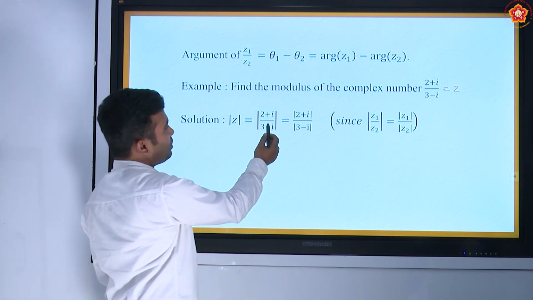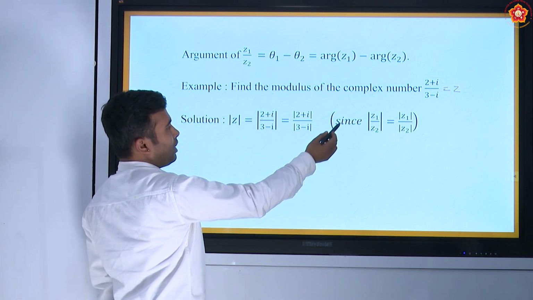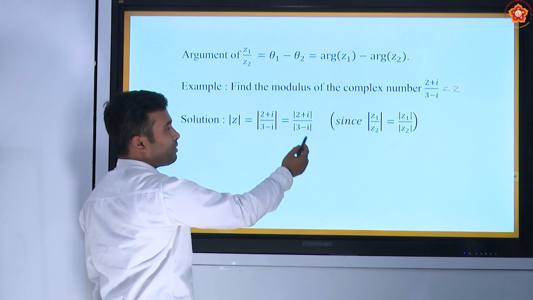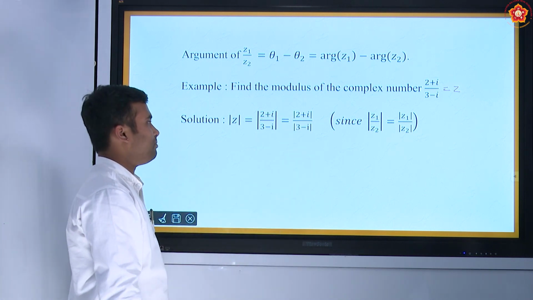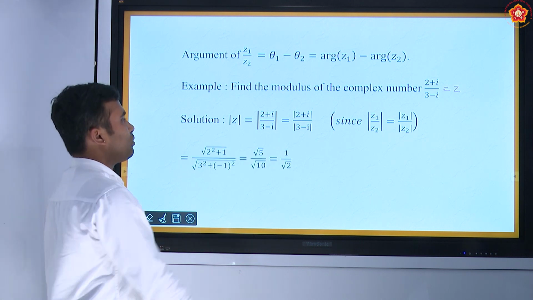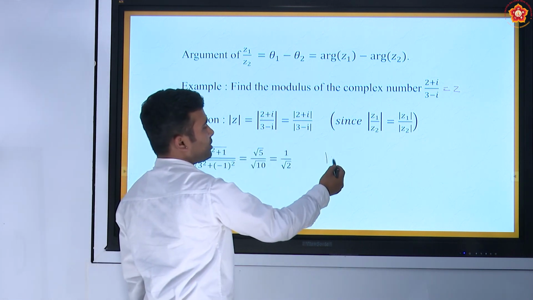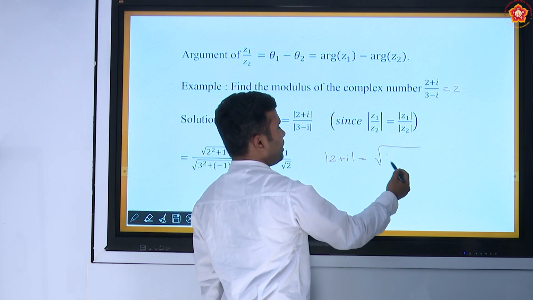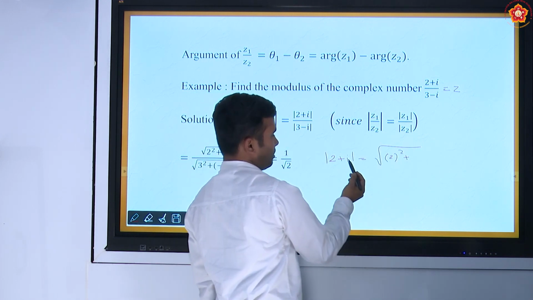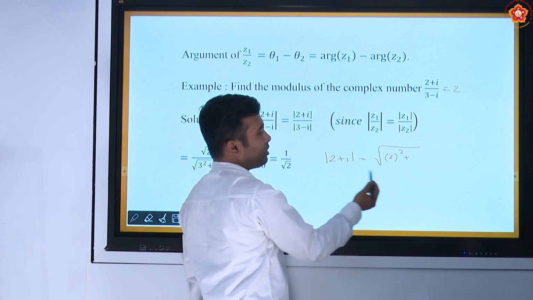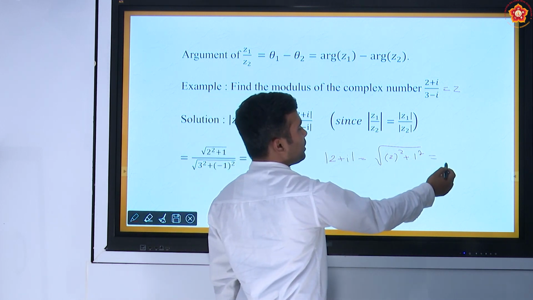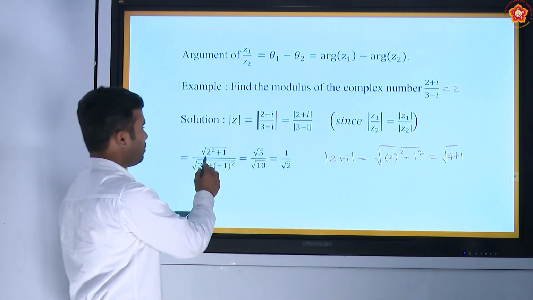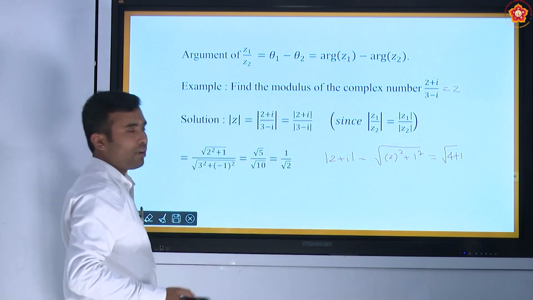So this can be written as modulus of (2 plus i) divided by modulus of (3 minus i). What is the modulus of 2 plus i? I can write this as 2 square plus, the imaginary part here is 1, so 1 square. So this becomes 4 plus 1. The square root of 4 plus 1 will become root 5.